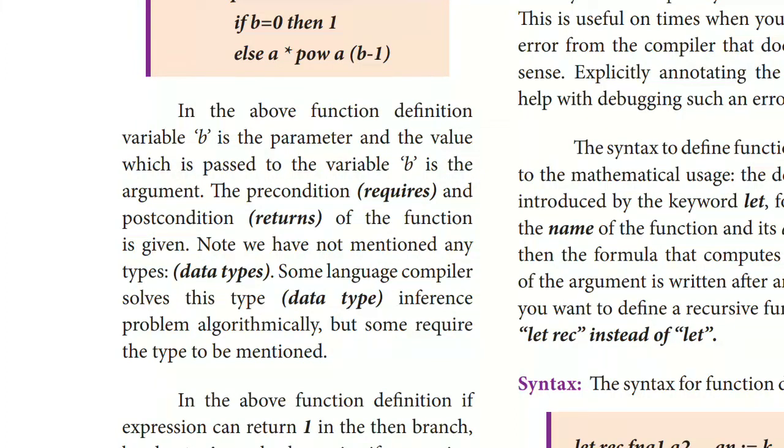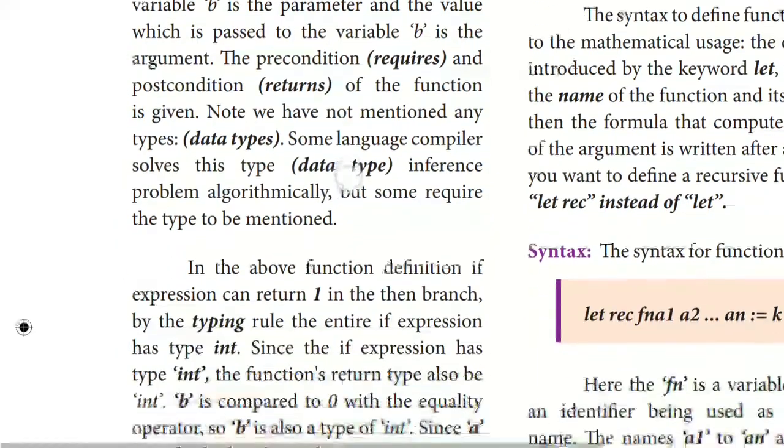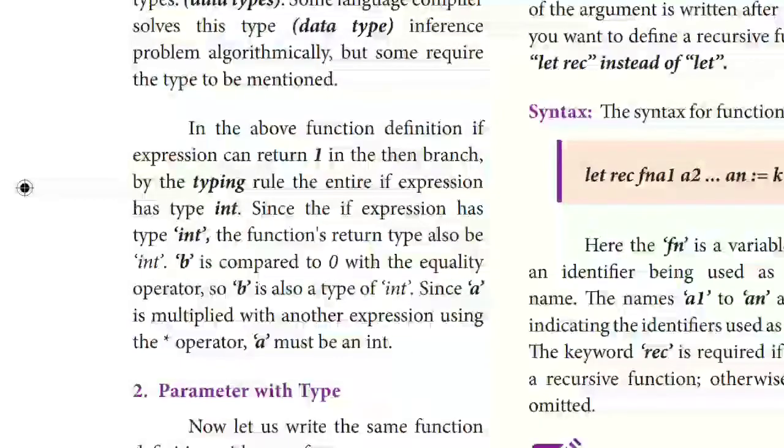So in the above function definition, the if expression can return 1 in the then branch, so there is a then branch here. So by the type rule, the entire if expression has a type int. Okay, since the if expression has the type int, the function return type is also int.